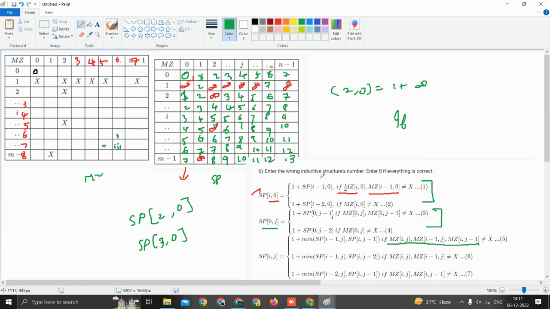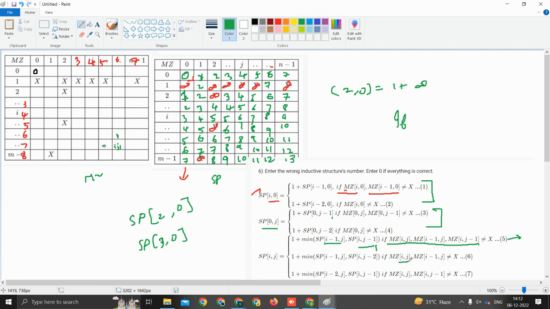If all the three are not equal to x, that is what this fifth point is saying. Are you guys able to follow? Yes. So if all the three are not equal to x, then what are we doing? Put the minimum of the above one and the left hand side. Correct, exactly.